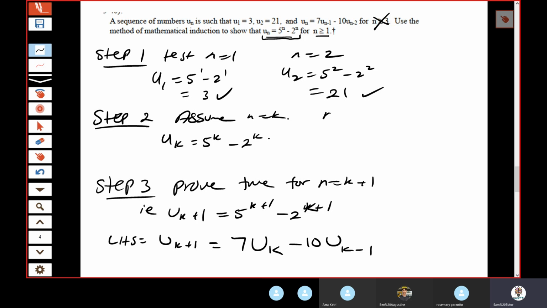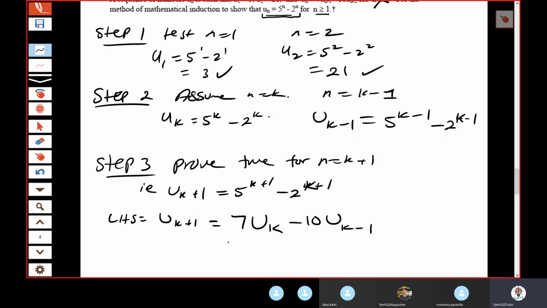So here, you have to also do n equals k minus 1, because you need an expression for u k minus 1, so you can substitute that in. And that's it. That's the strong induction bit. So I don't think it's too hard. Before I continue, does anyone have any questions? Pretty straightforward once you wrap your head around it.